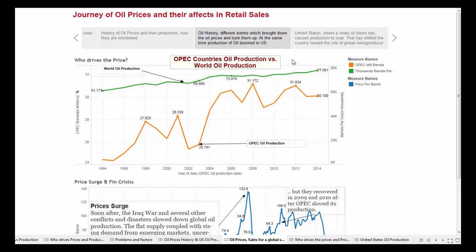Over here we are trying to analyze OPEC countries oil production versus the world oil production. The green line depicts the world oil production and the orange line depicts the oil production by OPEC countries. We can see that the OPEC countries has long been a dominant force in the global market, manipulating prices by holding back or releasing supplies. Their production of oil is about equal to that of the other countries.